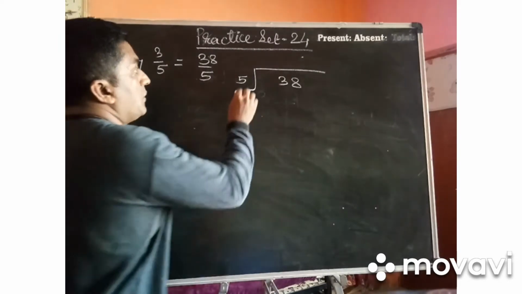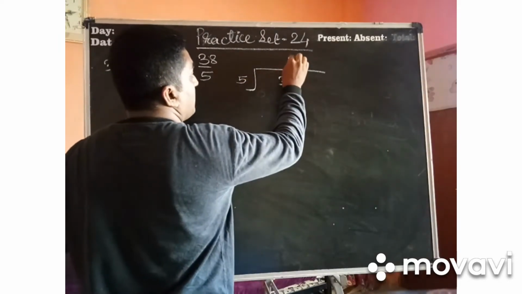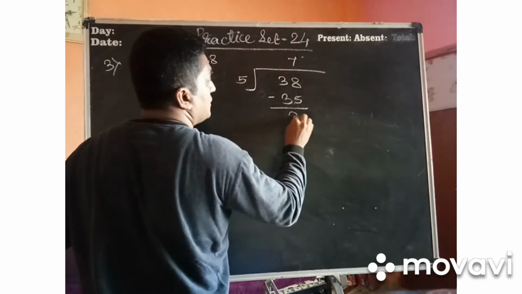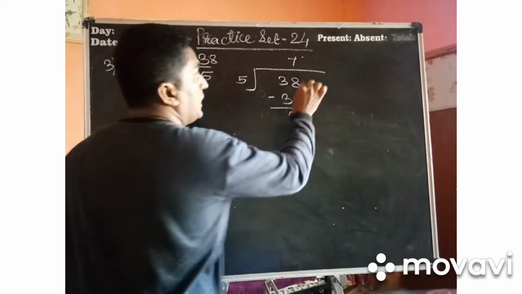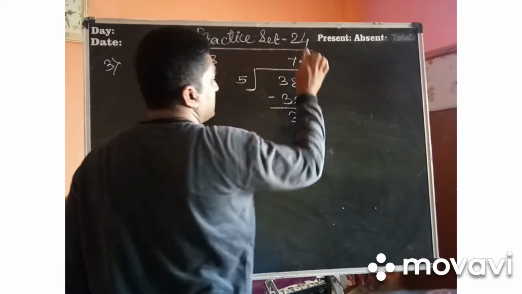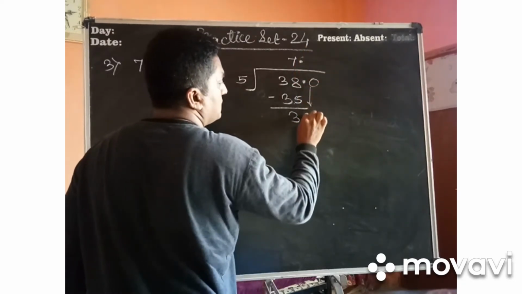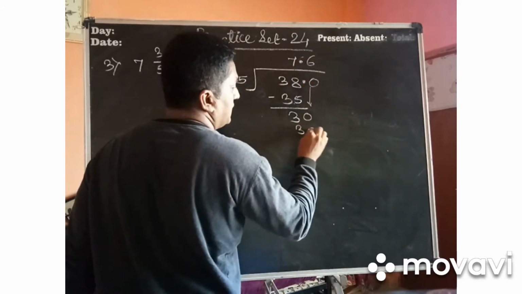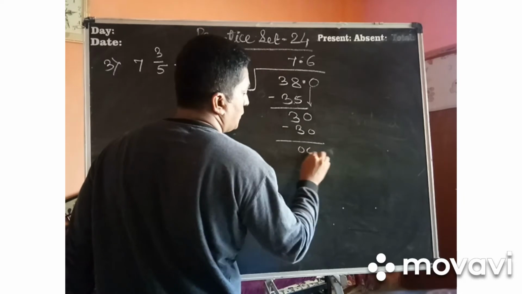Let us start. 5 sevens are 35. How much remains? 3. Is it over? No. Take a point and 0, and this point will come up as it is, and this 0 will come down. 5 sixes are 30. 0 0.